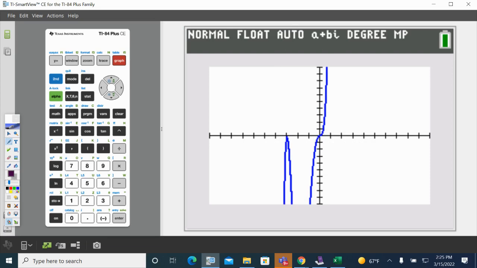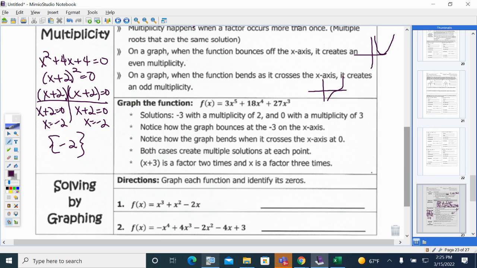So for this problem, what it says here in the notes, the solutions are -3 with a multiplicity of 2 and 0 with a multiplicity of 3. Now looking at the degree, it has a degree of 5, so I should have 5 solutions. It bounces at x equals -3, so you have 2 of the 5, and then it bends as it crosses at 0, giving us the other 3.